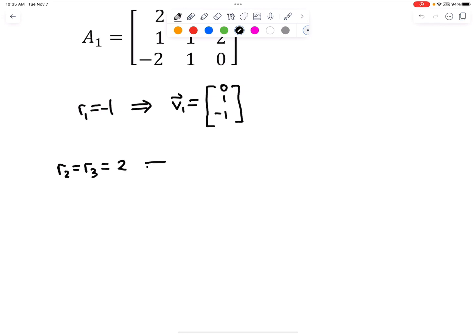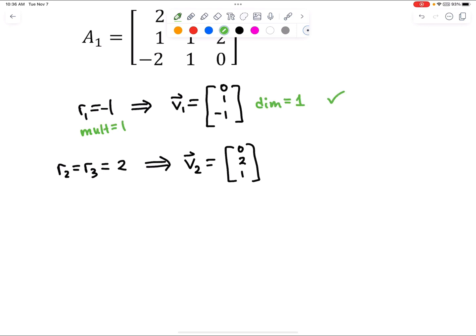And when you find a basis for the corresponding eigenspace, we are only able to find one linearly independent eigenvector. This is a basis vector, so any multiple of it is also an eigenvector, but if you take any two eigenvectors from the space, they are multiples of each other. They are not independent. So here we had a multiplicity of 1 and a dimension of an eigenspace of 1.